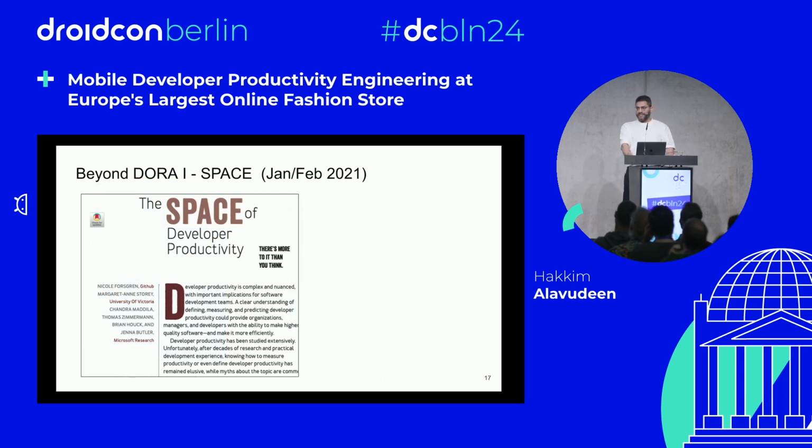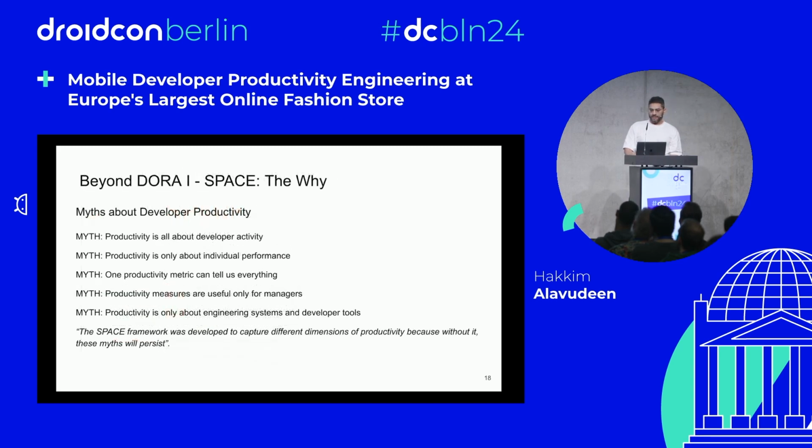Great, so that was 2018, but again in early 2021, one of the authors of the Accelerate book worked with some researchers at Microsoft and produced the SPACE model of developer productivity. And there they claimed that there are certain pervasive myths that, if we don't actively adopt or adapt our model to address them, will tend to be quite pervasive and will actively harm productivity.